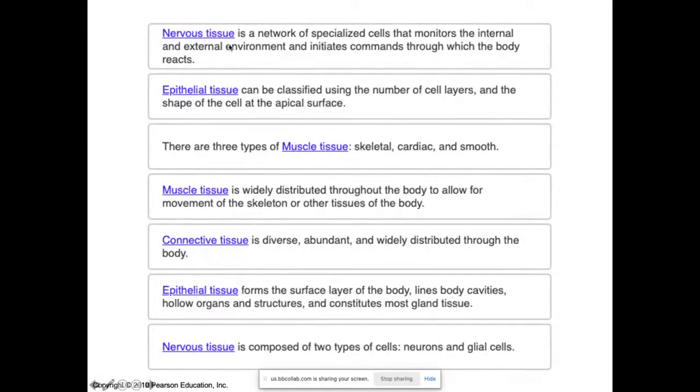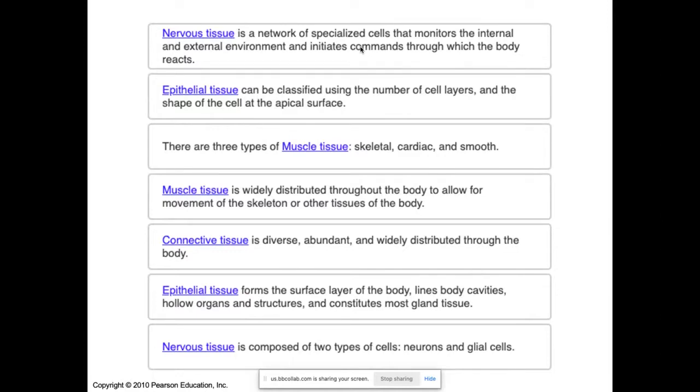So when we talk about neural tissue, I've seen this question pop up in the past on some of the Connect quizzes, right? So it's like blank is a network of specialized cells that monitors the internal and external environment and initiates commands through which the body reacts. So neural tissue, a nervous tissue, is a network of these cells that monitors internal and external environmental conditions.